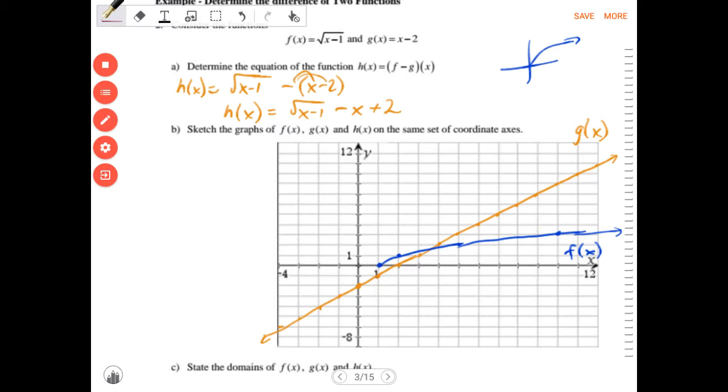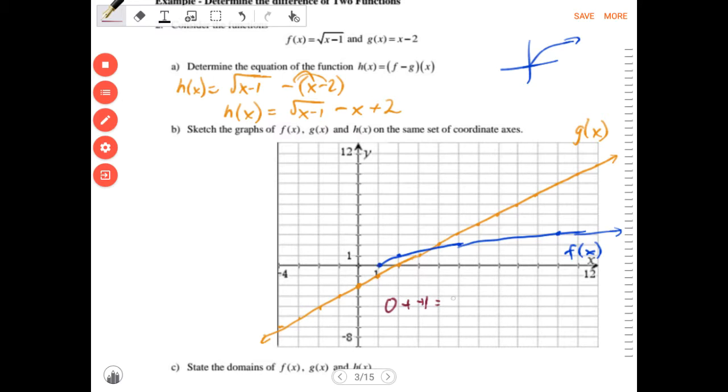Okay, so now, of course, we're subtracting the graphs. We're subtracting the y values, so it's f minus g. So the f is the blue graph. Let's look at the point at x equals 1. f of x is 0, so we're going to have 0 minus g of x there, which is negative 1.